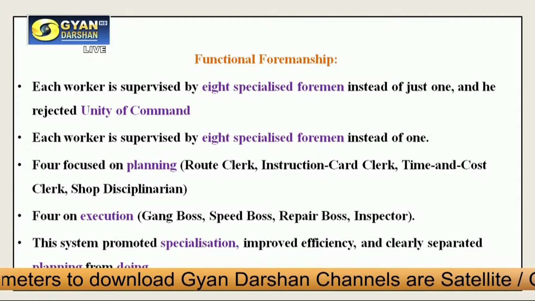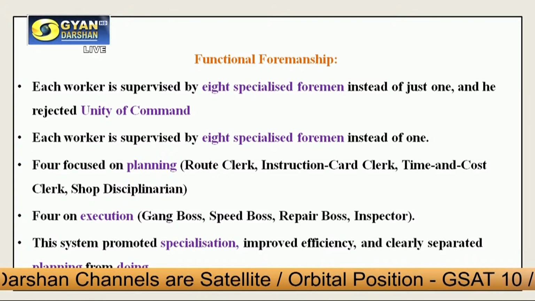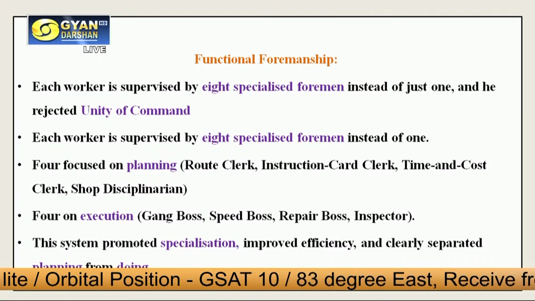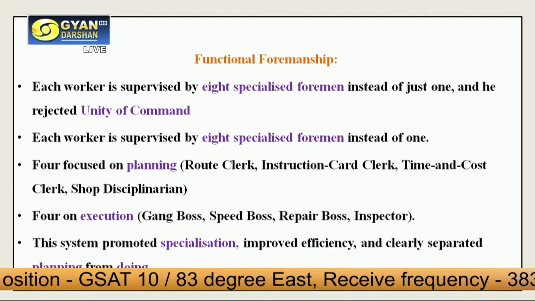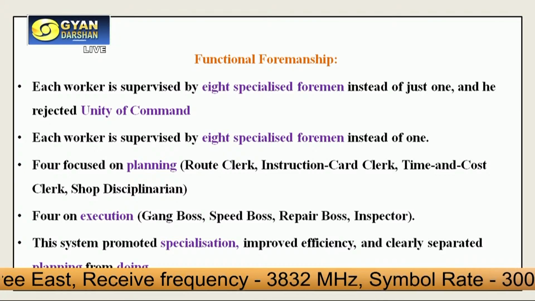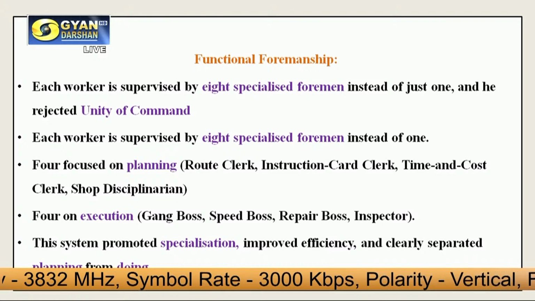What do you mean by functional foremanship? Taylor's notion of functional foremanship advocated that each worker be supervised and guided by 8 functional foremen. A functional foreman is a specialized supervisor. Under this idea, Taylor observed that there has to be a planner and a planning unit.